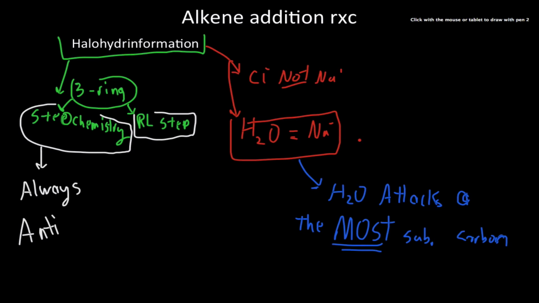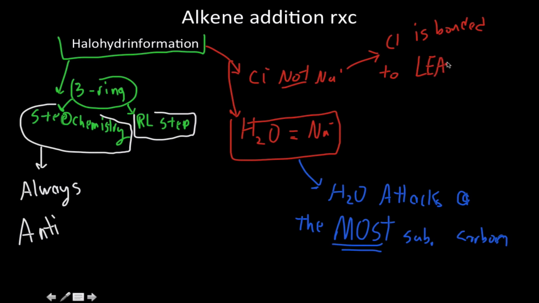The chlorine, or the halogen in this context, is kind of like a hydrogen when we were talking about the reactions that we first discussed. So in this context, the chlorine is not a nucleophile. The chlorine, or the halogen, is bonded to the least substituted carbon.